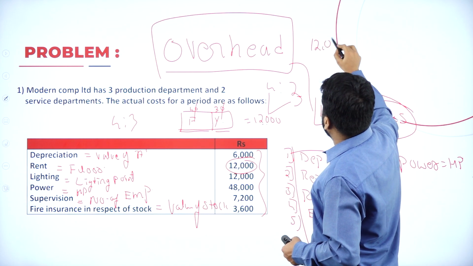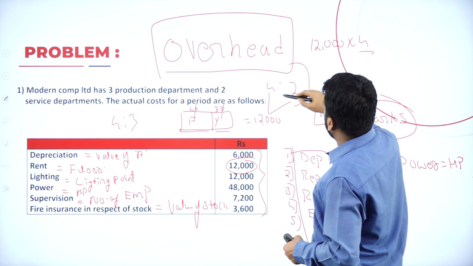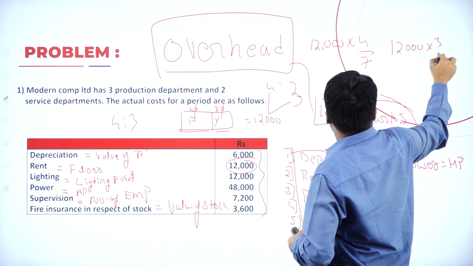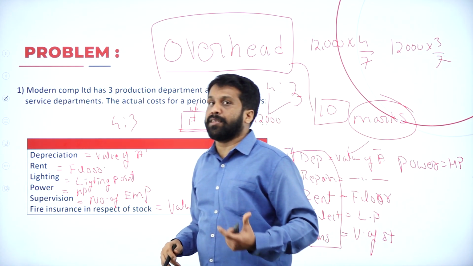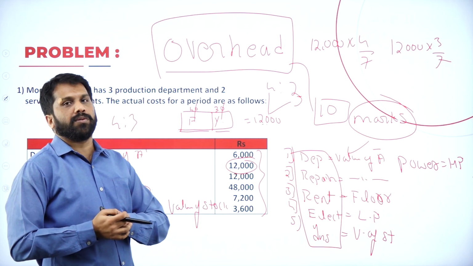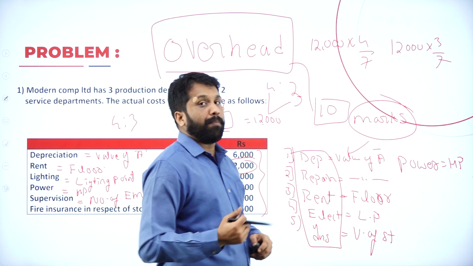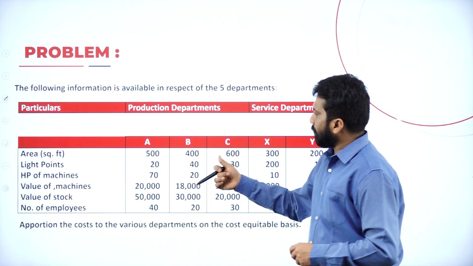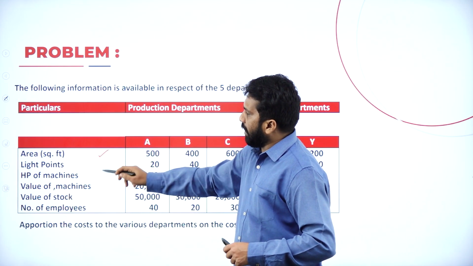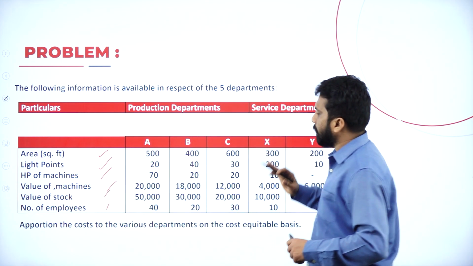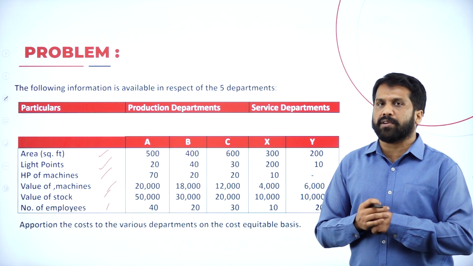Like 12,000 into 4 by 4 plus 3, which is 7, and 12,000 into 3 by 7. These are the calculations you are supposed to do. Hope you are clear? Yes. So these are the expenses they have. Apportionment bases they give you, like area, light points, HP, value. Everything is given. This much is your question.